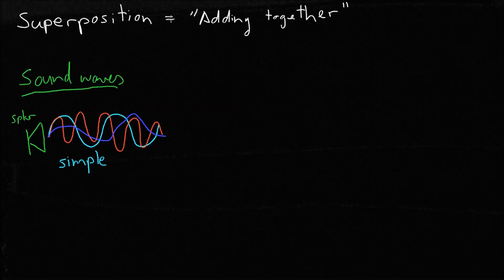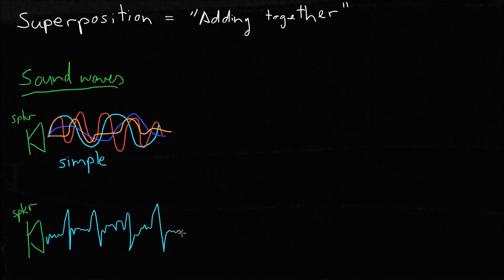Some of them may not even be sine waves, all added together to produce a very complex sound. And when we draw that graph, we get a very complex sound signal coming out of our speaker. And that's how we get complex waves from things like musical instruments.